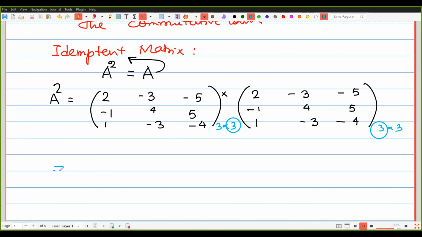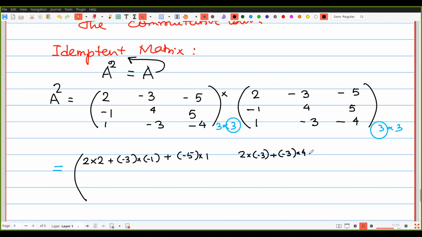So we are multiplying, first row, first column at first: 2 into 2 plus -3 into -1 plus -5 into 1. Second one, first row, second column: 2 into -3 plus -3 into 4 plus -5 into -3.